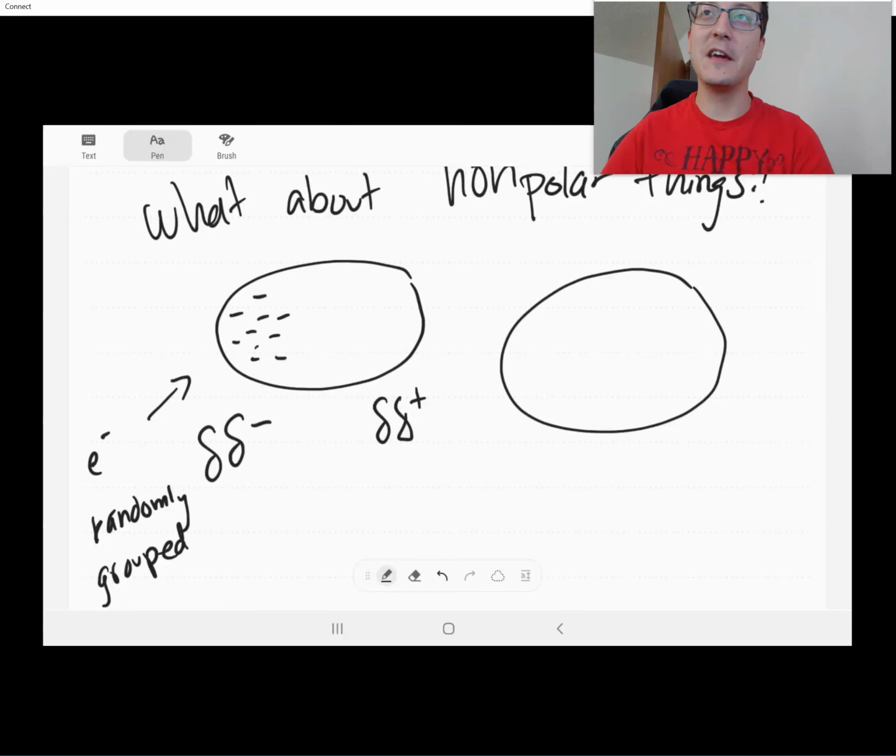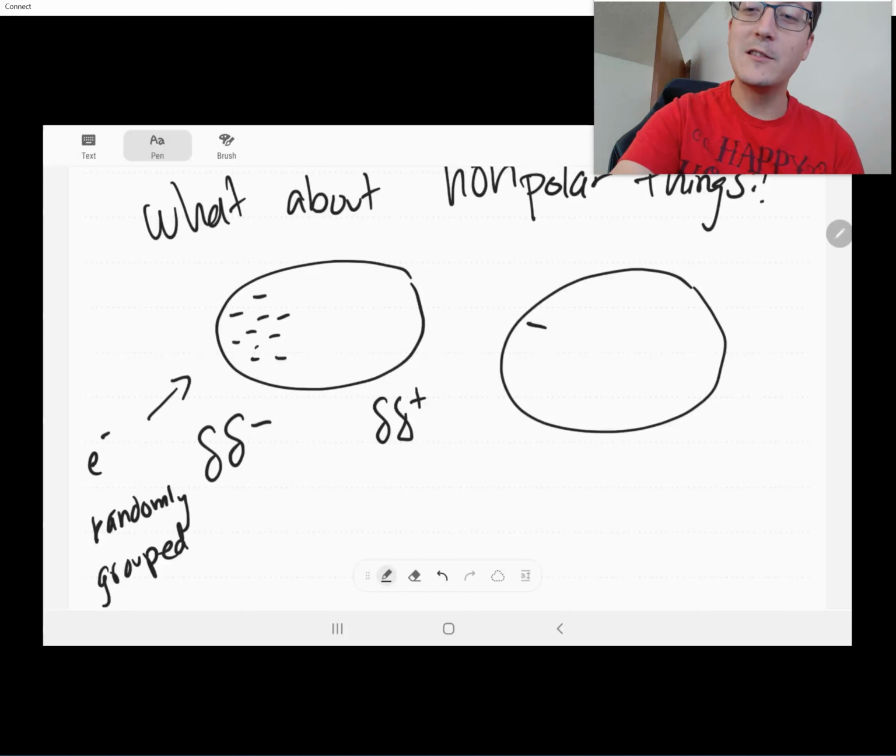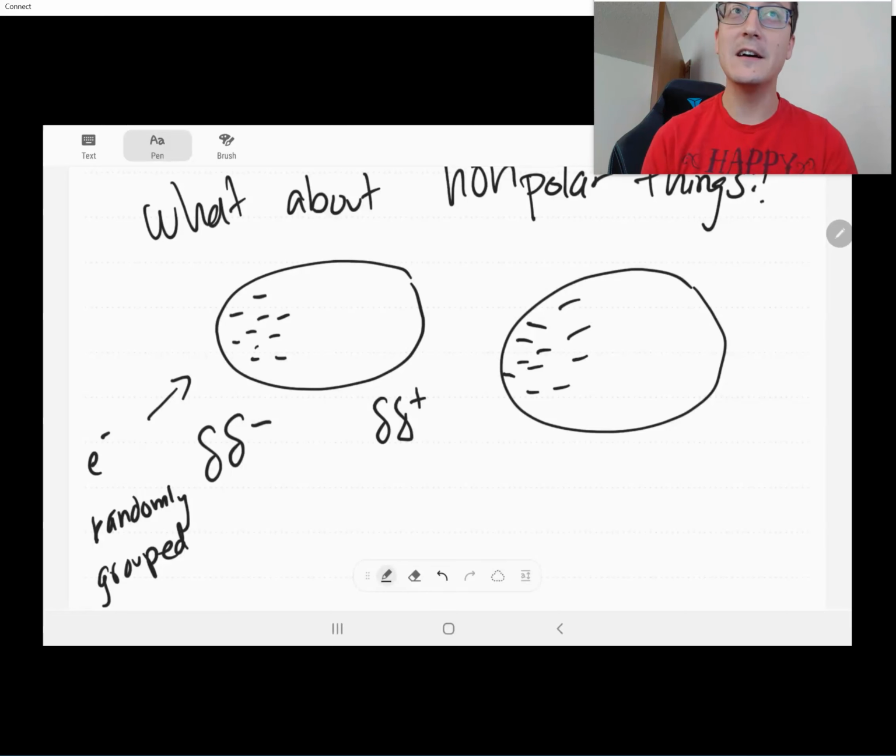Alright, and now here's where things get weird. Now the electrons in our second molecule get curious. They're like, hey, what's going on in that neighboring molecule? And they'll swarm to that side just because there's a slightly positive charge on one side of the nearby molecule.